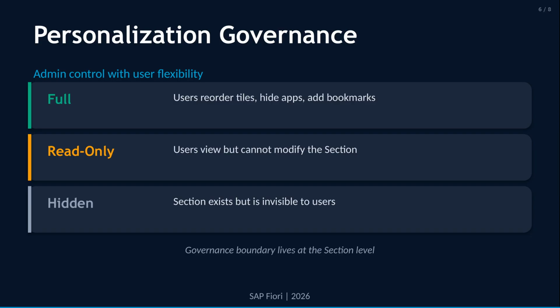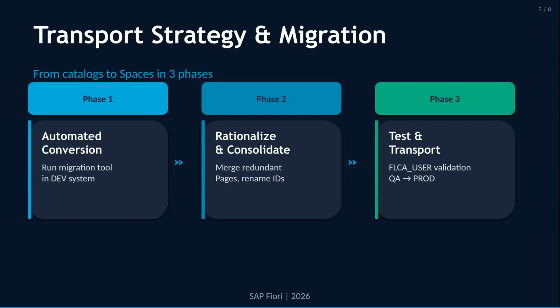Users personalize within the sections, reordering tiles, hiding individual apps, or adding bookmarks. You control this boundary through the personalization scope settings in FLPCA. You can make specific sections non-personalizable or allow full freedom. The result is consistent layouts across departments with just enough flexibility that users do not feel restricted.